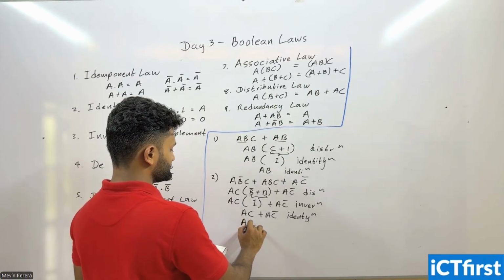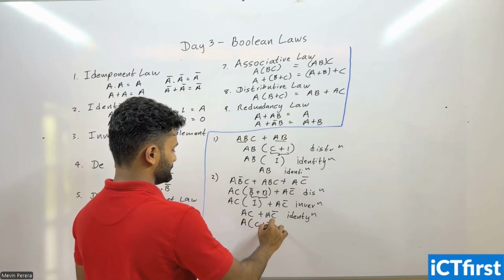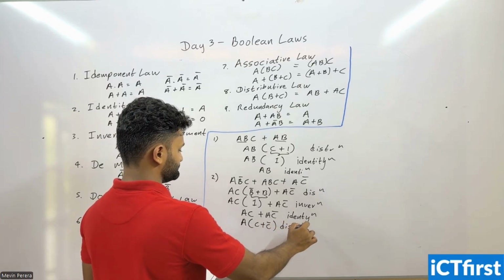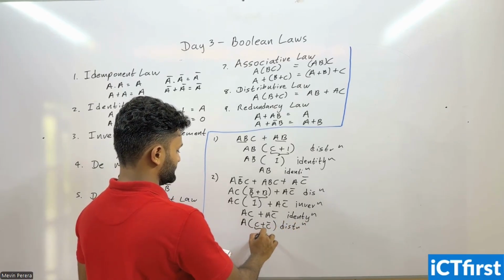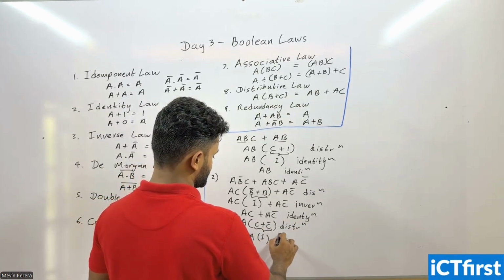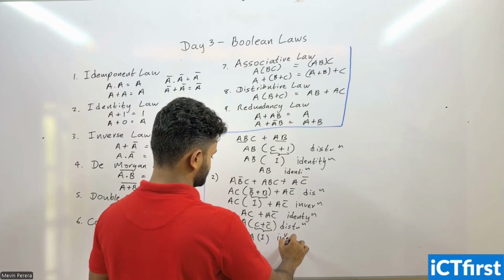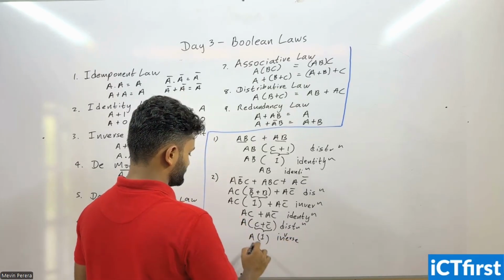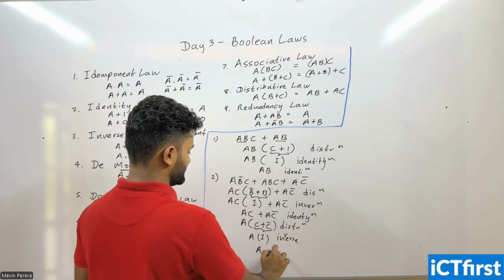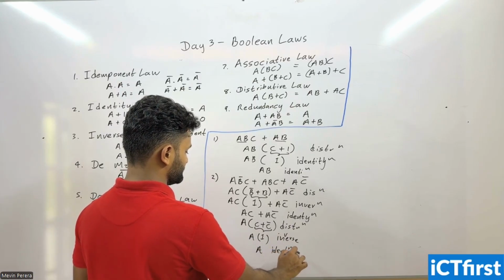Then A is common, I'm taking it outside, and that is the distributive law. This is equal to 1, and that law was the inverse law. A into 1 is A. That particular law was again the identity law.